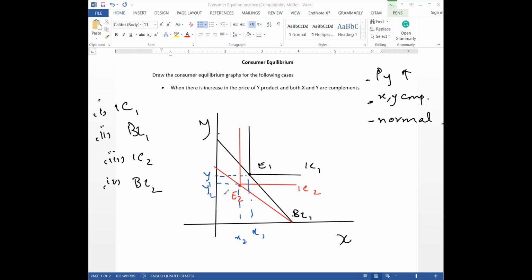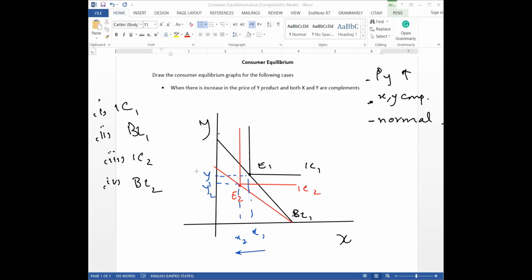We have noticed that because of the increase in price of Y and the both products are complements, that's why it's L-shaped, and because it's normal, the new indifference curve is parallel.